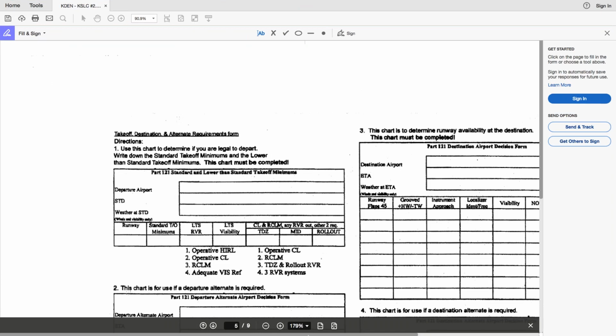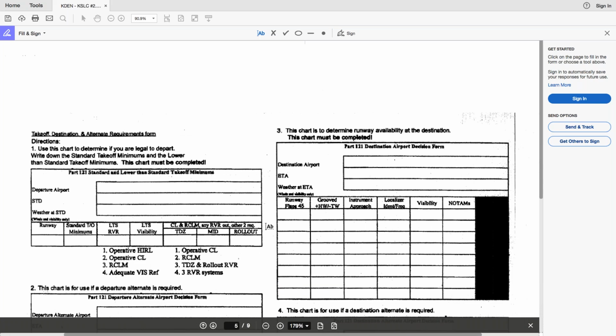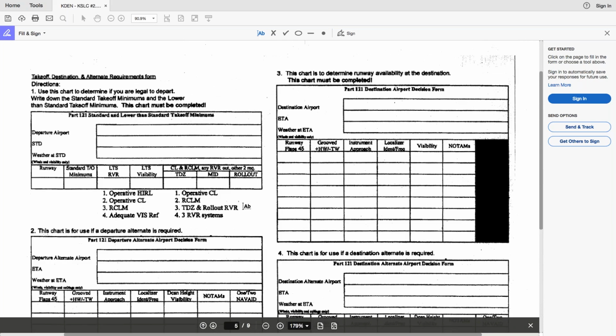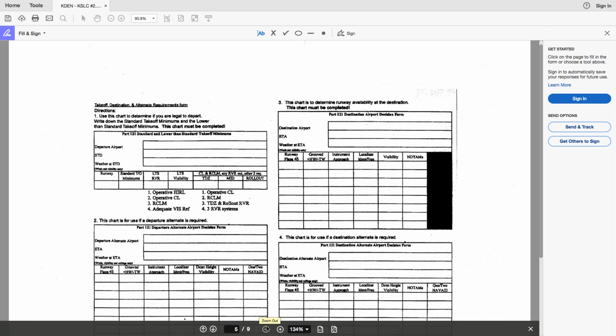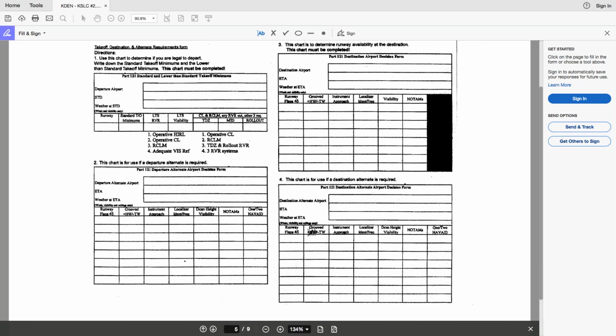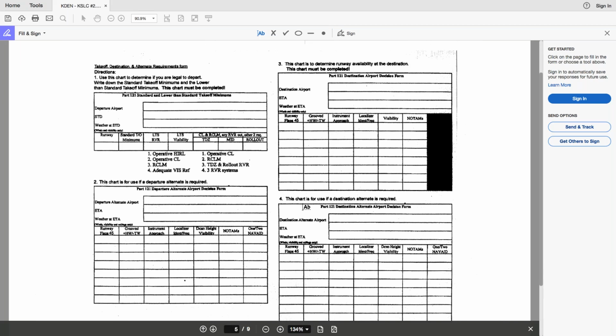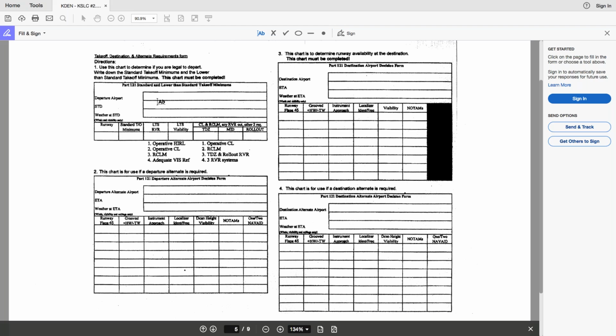We're going to fill out this chart with that information, right?